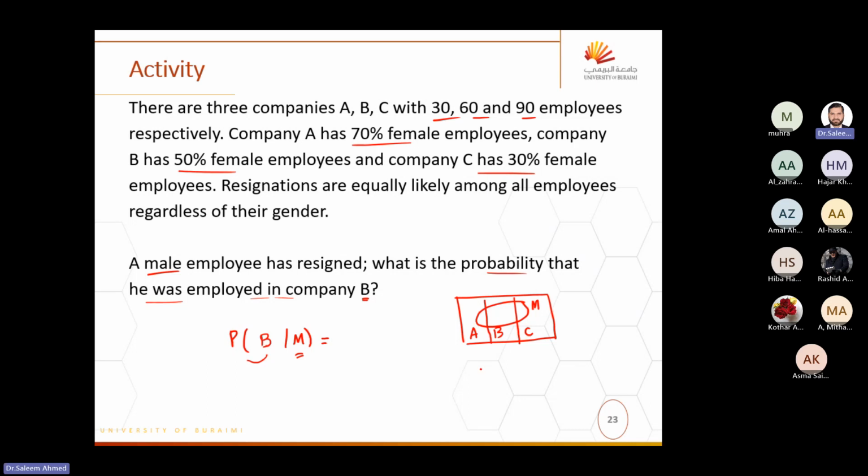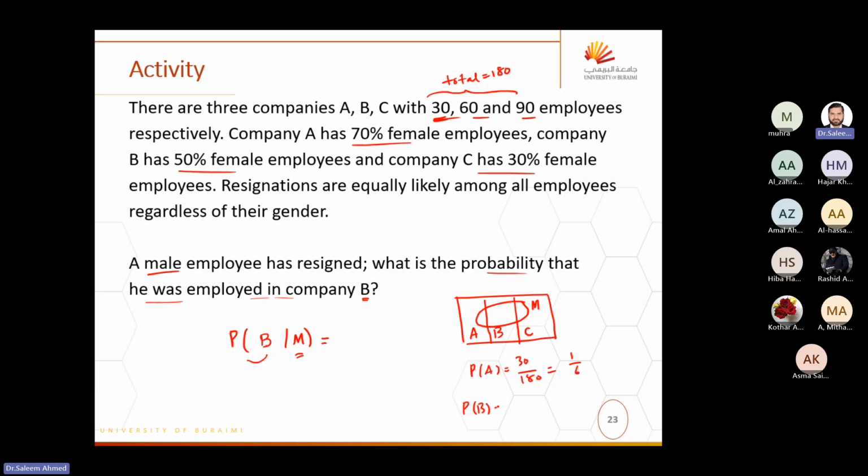There are 30 employees in A, and total employees are 180. So if I select one person at random, what is the probability that he is from company A? It will be 30 by 180, so 1 by 6.